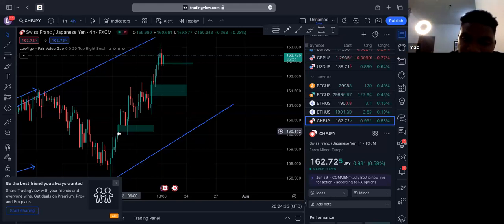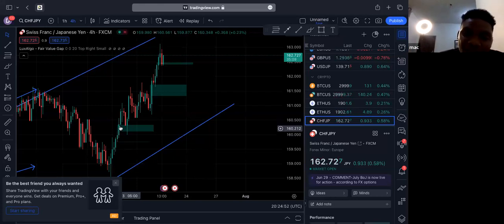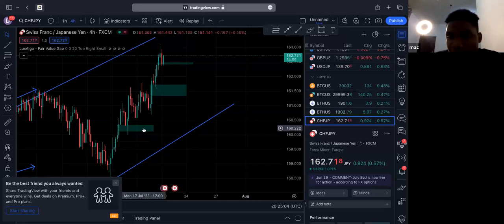The tip of the first candle cannot overlap the 3rd candle. That gap that exists between the first candle and the 3rd candle is known as fair value gap.